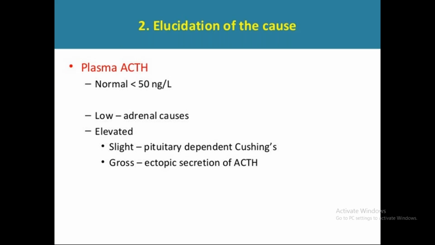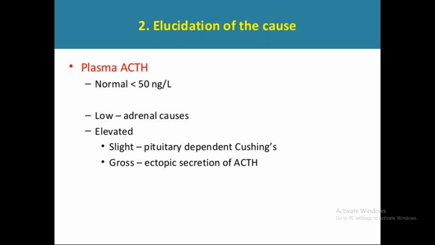So the first test is the estimation of cortisol in urine and in blood. The second one is the low dose dexamethasone suppression test, and the next one is the measurement of the plasma adrenocorticotropic hormone.